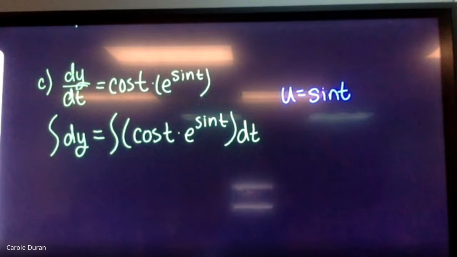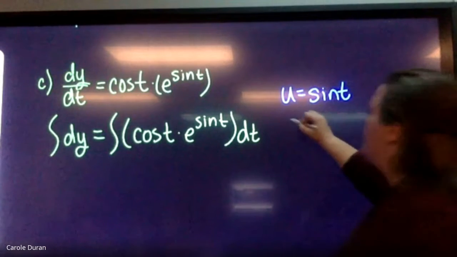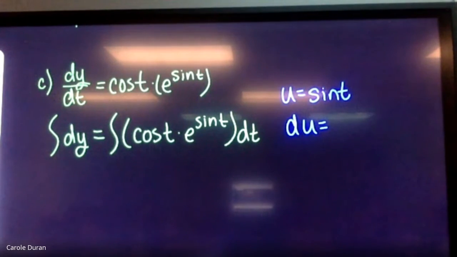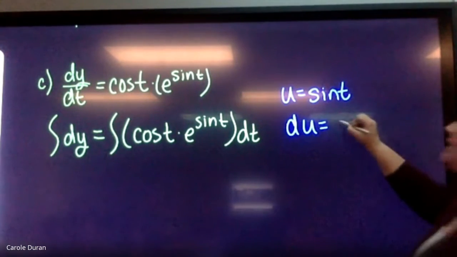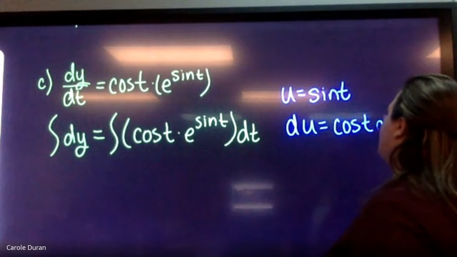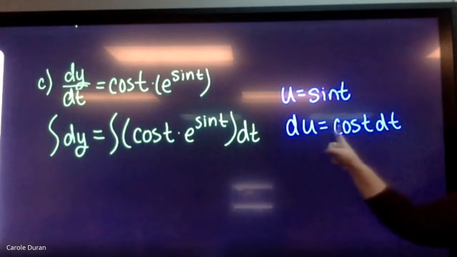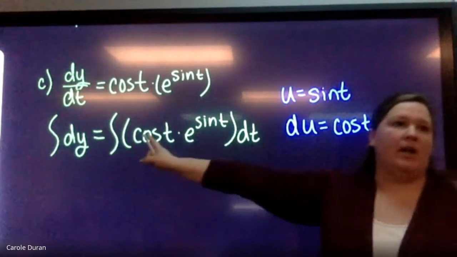Since I know what u is, I can also figure out what the derivative of u is. So I can find out what du is. What's the derivative of sine of t? Cosine of t and then dt, indicating that I took the derivative. What we need to make happen is we need to make sure that this is present somewhere in our derivative function.